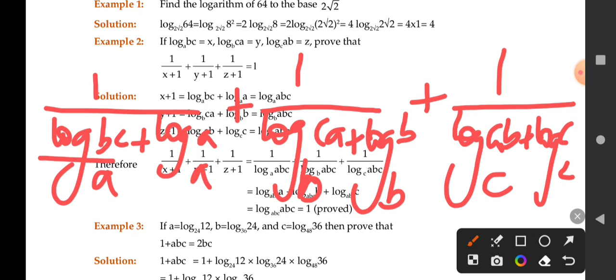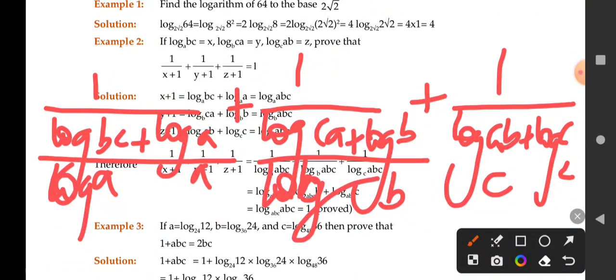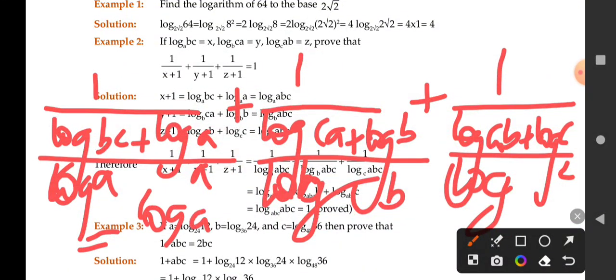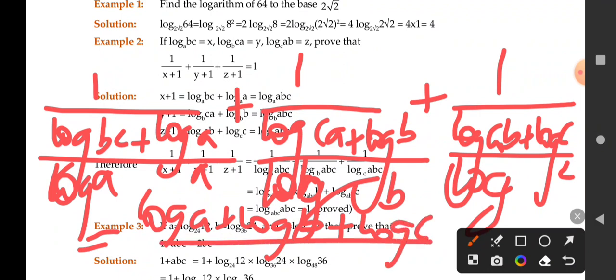Now these come in the division form. So log A, log B, log C. Okay. So now when you flip this, you will get log A plus log B plus log C divided by log ABC.